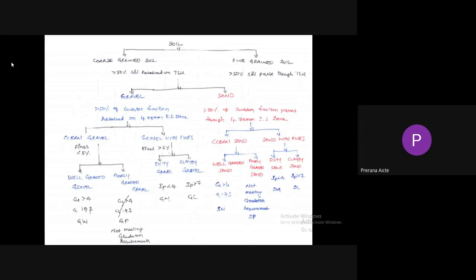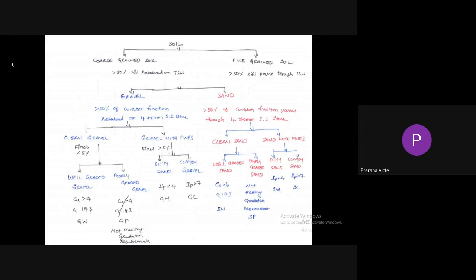How much coarser fraction is it? 700 grams. 50% of 700 means 350 grams. So if more than 50%, suppose 400 grams, is retained on 4.75 mm, then the soil is treated as gravel. Suppose more than 50% of the coarser fraction passes through the 4.75 mm IS sieve, then it is called sand.